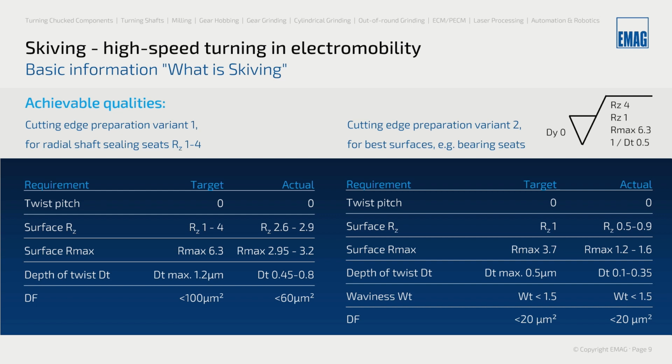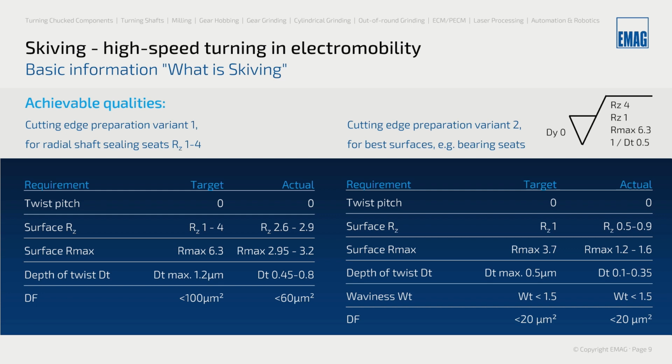So normally we start at the upper side of the tolerance, and then it gets a bit better during the tool life. Our max is normally between 0.95 and 3.2, and the depth of twist between 0.45 and 0.8. The extraction area is less than 60 square microns.